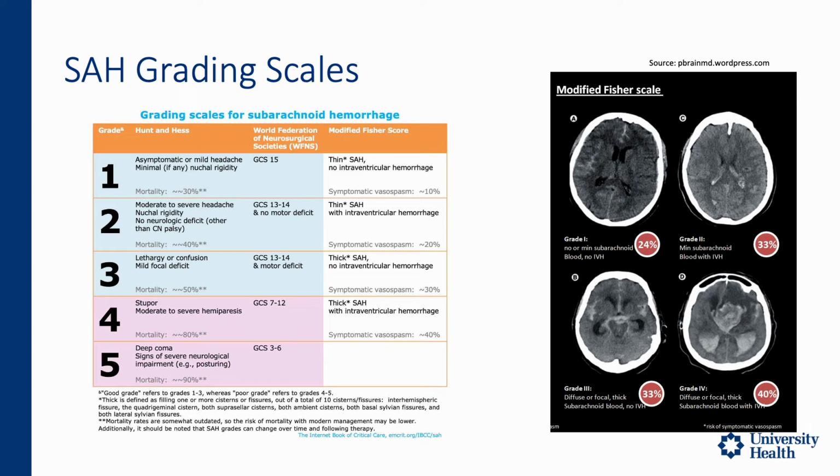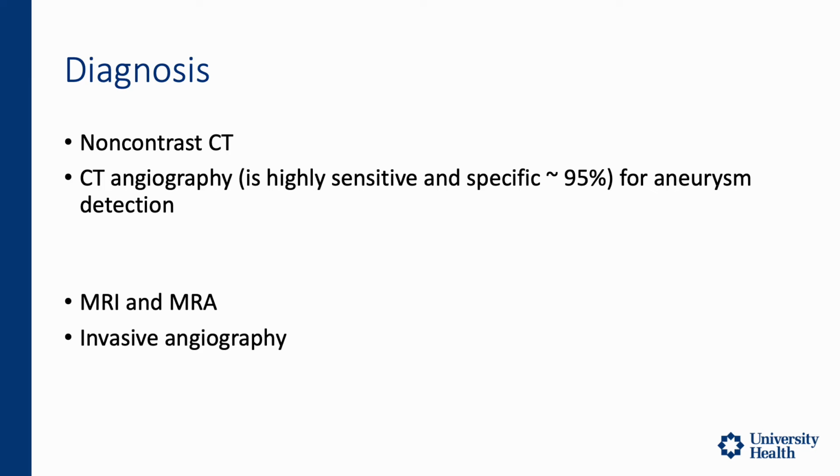So grade 1 is no or minimal subarachnoid hemorrhage bleeding, no intraventricular hemorrhage, up to grade 4, which is basically diffuse or focal thick subarachnoid blood with intraventricular hemorrhage, which you can see bleeding within the ventricles here in D. So depending on what Hunt and Hess score or modified Fisher score they have can tell you prognostically whether this patient would have a good prognosis or not, and whether these patients are at risk for vasospasm, which I'll discuss upcoming.